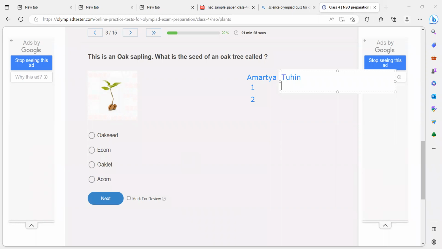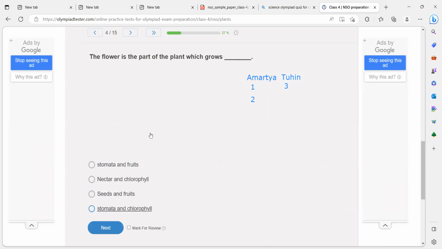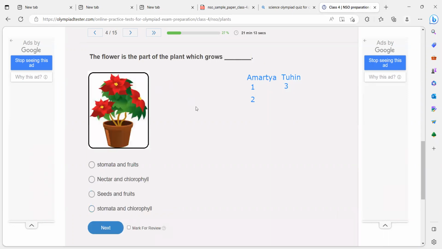Oxide. Okay. Tuhin, can you tell me this one? Yes, ma'am.